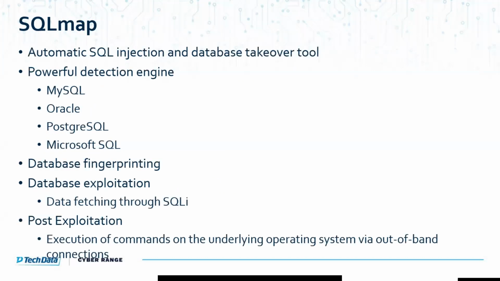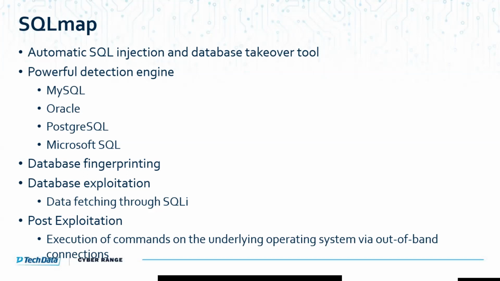So SQLMap. SQLMap is a database takeover tool. It can be used for different types of SQL, NoSQL, MS SQL injection attacks. It has a detection engine for Oracle, Postgres, Microsoft SQL, MySQL. You can use SQLMap in database fingerprinting as well as database exploitation.